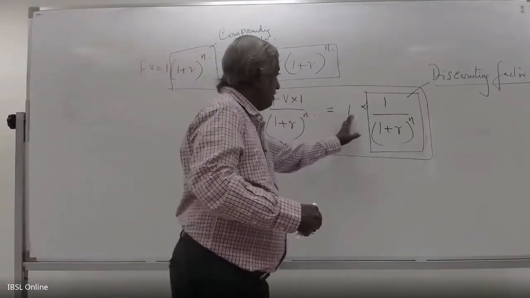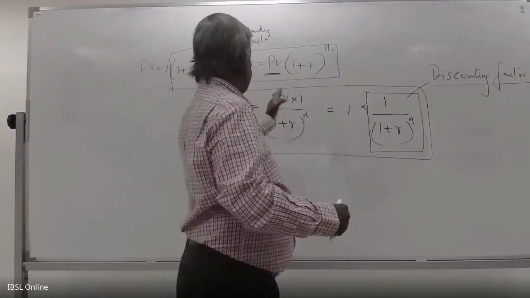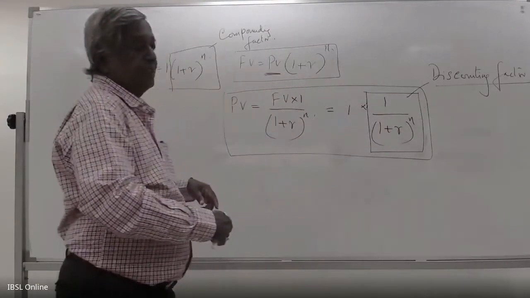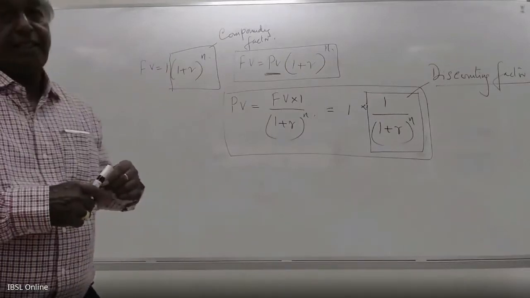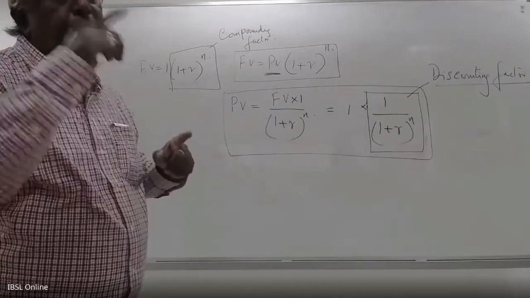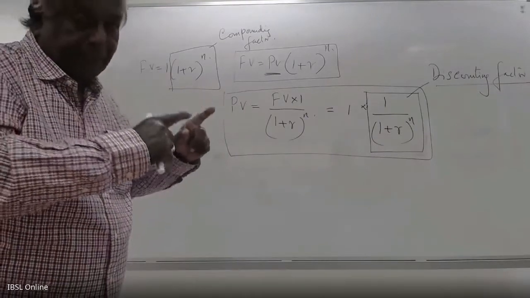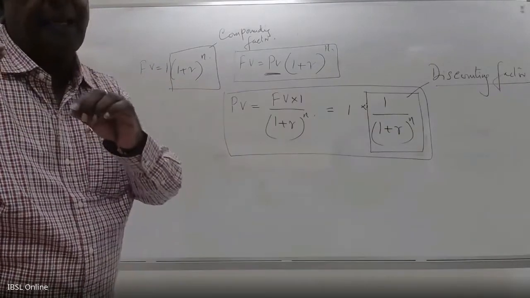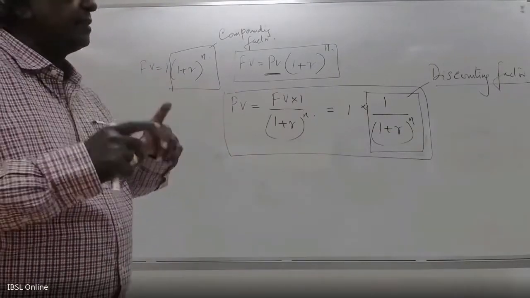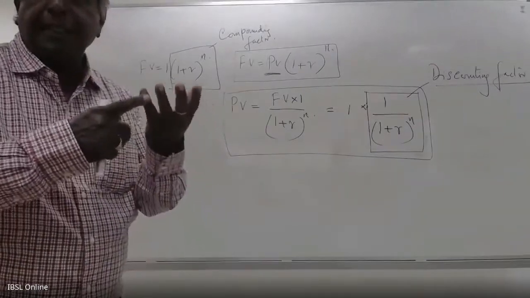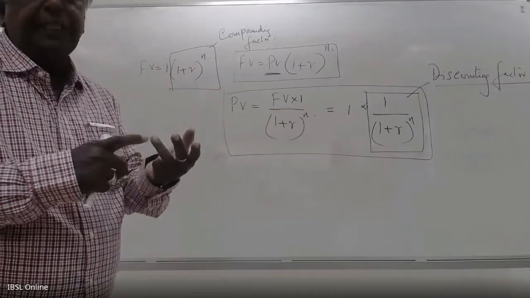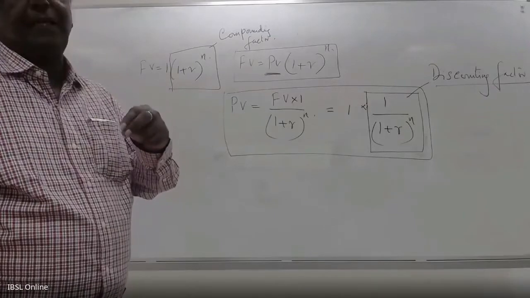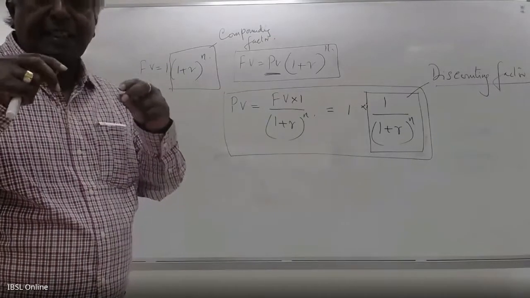If the FV is 1, then the PV is equal to 1 divided by 1 plus r to the power n, that is the discounting factor. So the discounting factor is the present value of future 1 rupee at various interest rates and periods. Now you know the meaning of discounting and the meaning of discounting factor. And the interest rate applicable in discounting is called the discounting rate.